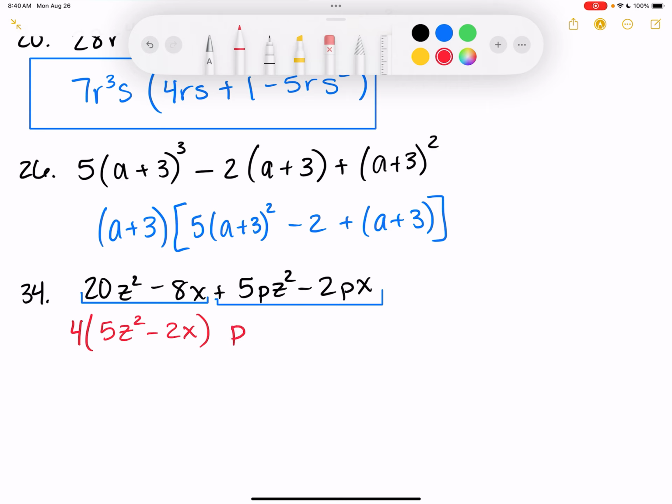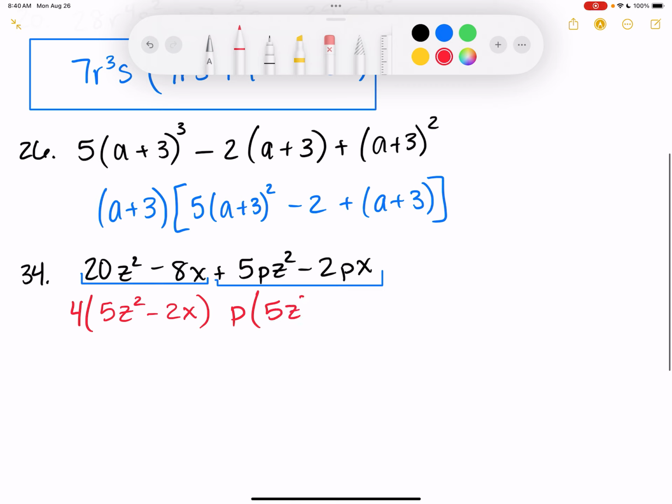Now, I'm going to also tell you, technically you should put the sign here. I never really write the sign, but just remember that when you go to combine things, the sign is important. So when I do that, I'm left with 5z squared minus 2x. And the key thing is, when you're done doing factor by grouping, the stuff in the parentheses has to be the same.